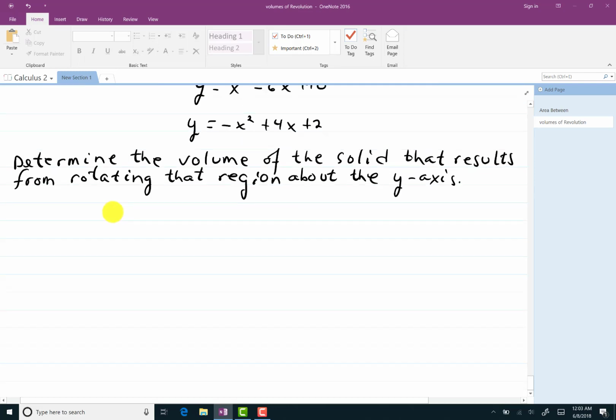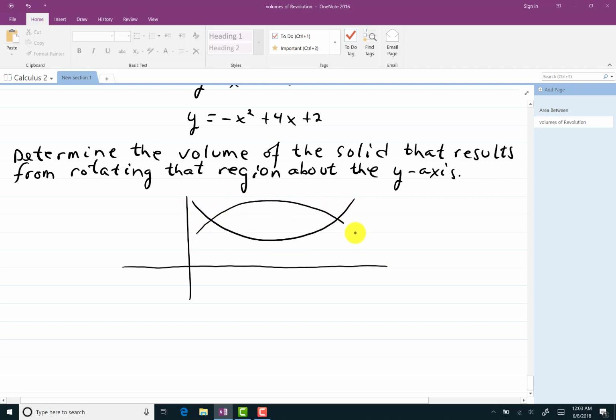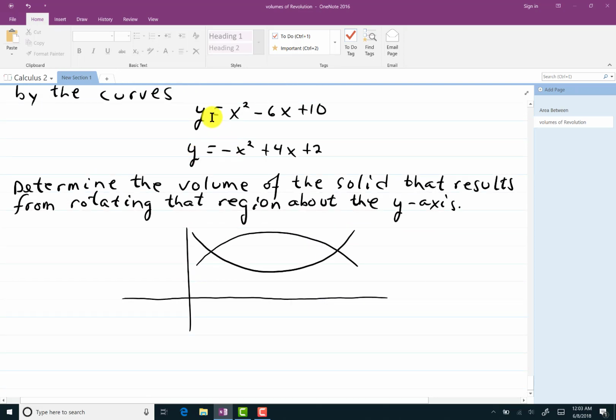Go ahead and use your calculator to get a graph of them. I don't really care about it that much, other than it all happens to be in the first quadrant, and they're both parabolas. One goes like this, the other one kind of goes like that. You should be able to tell from my graph which is the upper and which is the lower. The upper one is going to be the negative x squared because those aim downward.